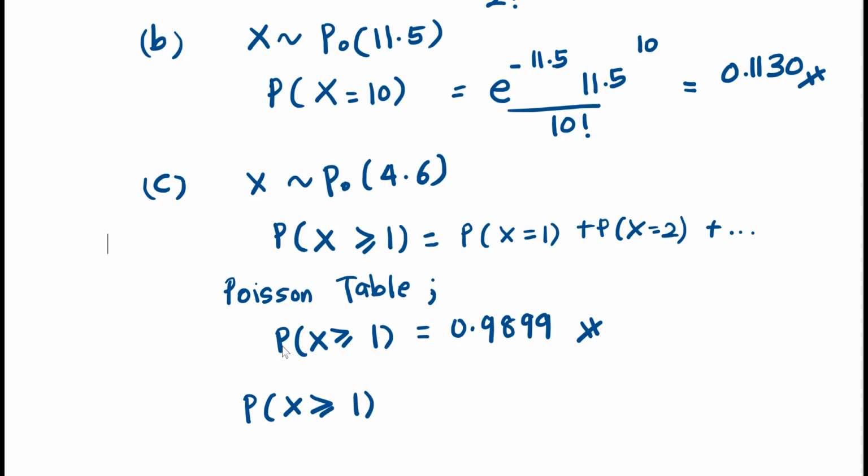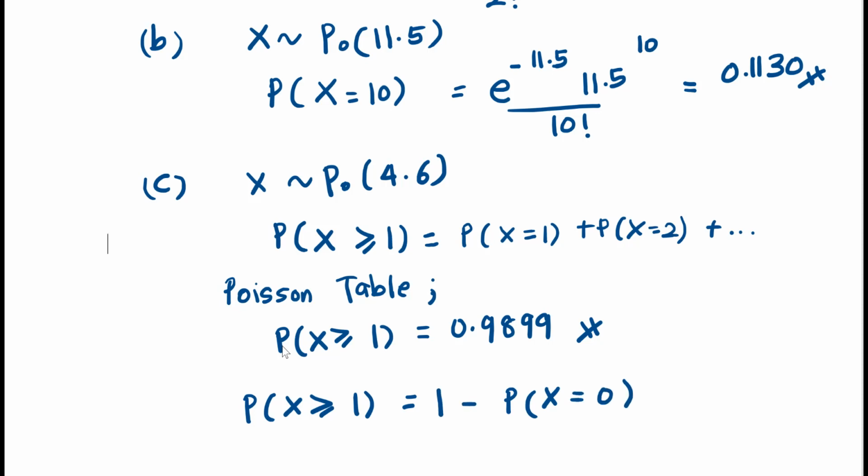Okay, then we can solve also with this method. x greater or equal to 1. That means the number that is excluded from x greater or equal to 1 is x equal to 0.